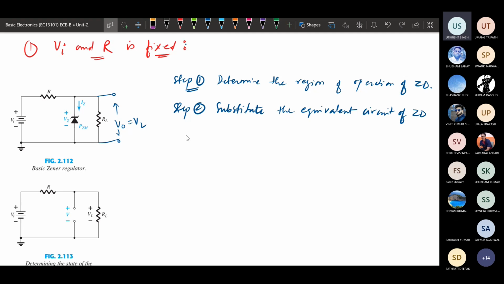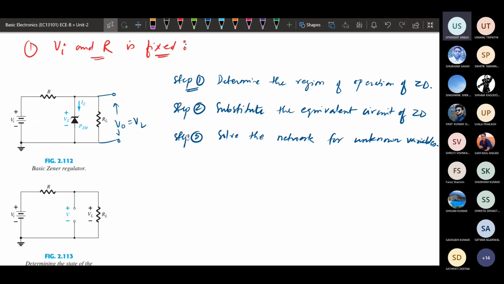Once we have substituted the equivalent circuit of the Zener diode, step 3 is now to solve the network. Whatever network we obtain, solve the network for the unknown variables.